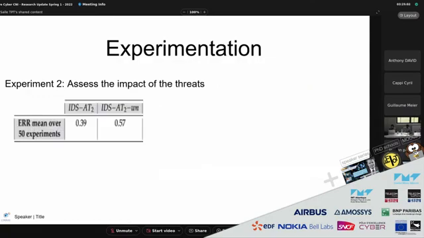A second experiment we did is to assess the impact of the threat. To assess a threat, we should consider a dataset with or without the issue, comparing a regular adversarial training IDS S2 that has the quality issue in its dataset with a dataset that does not have it. Here we try to assess the first mitigation, which is the normal confusion sample.